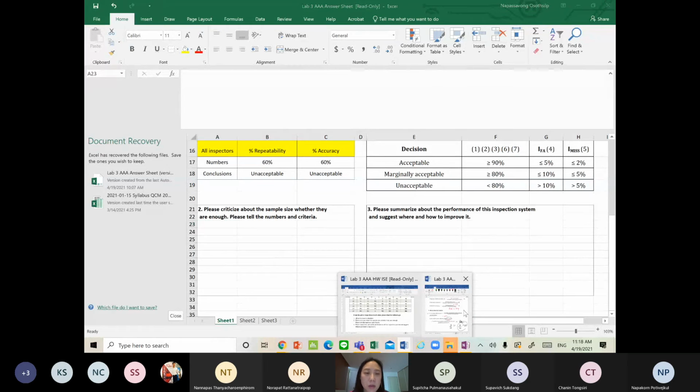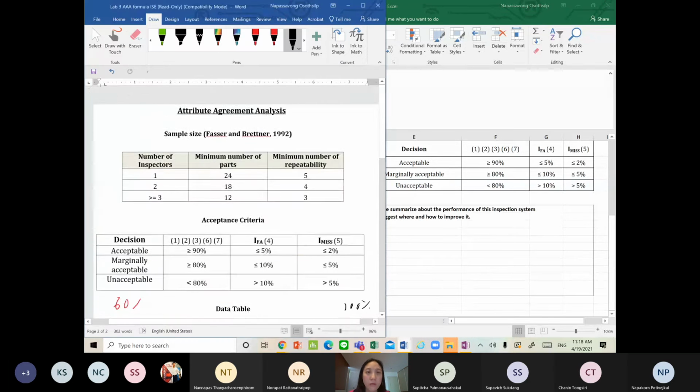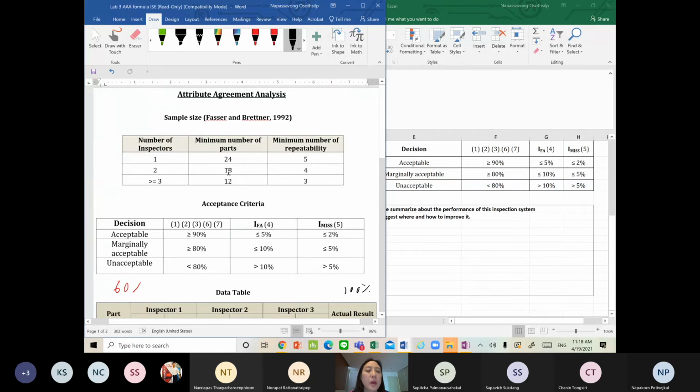So let's come back to this file. We have a table of sample size here. This table tells you that, for example, if you have 3 operators which fall into this case, how many parts you need to collect, or how many parts you should have each inspector inspect in the test.